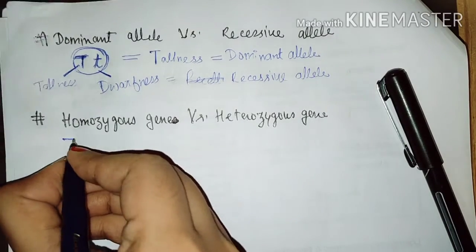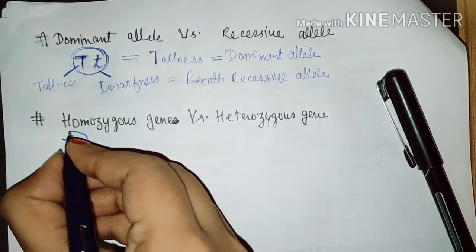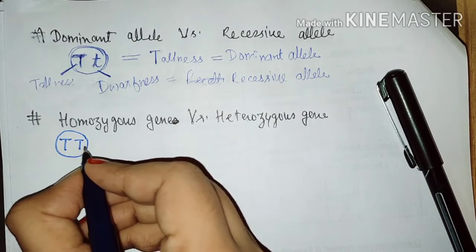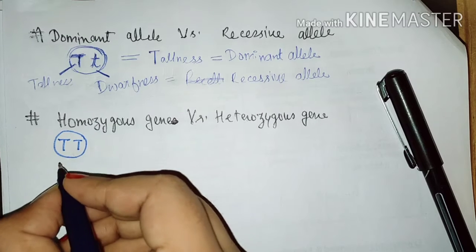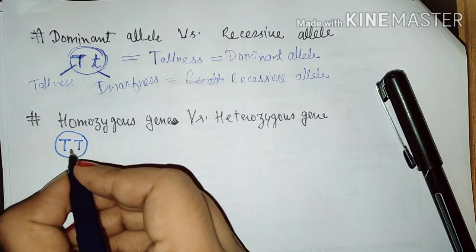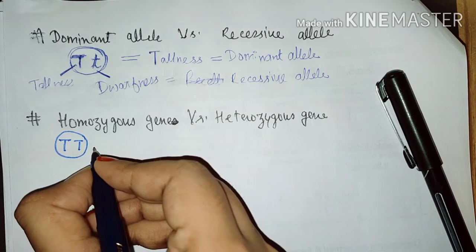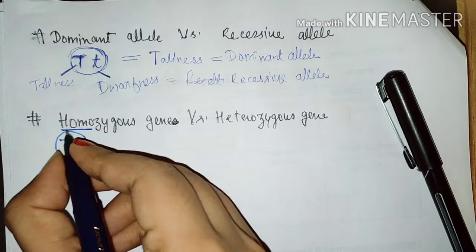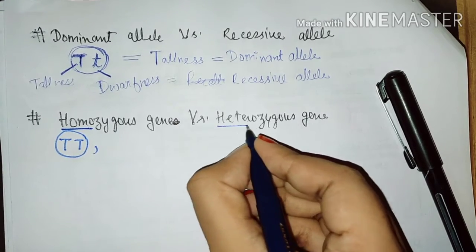For example, for tallness, I told you that the gene is capital T, capital T. In this particular gene, you are seeing capital T, capital T. Both alleles are the same. So this will be an example of a homozygous gene. Homo means same. Hetero means different.